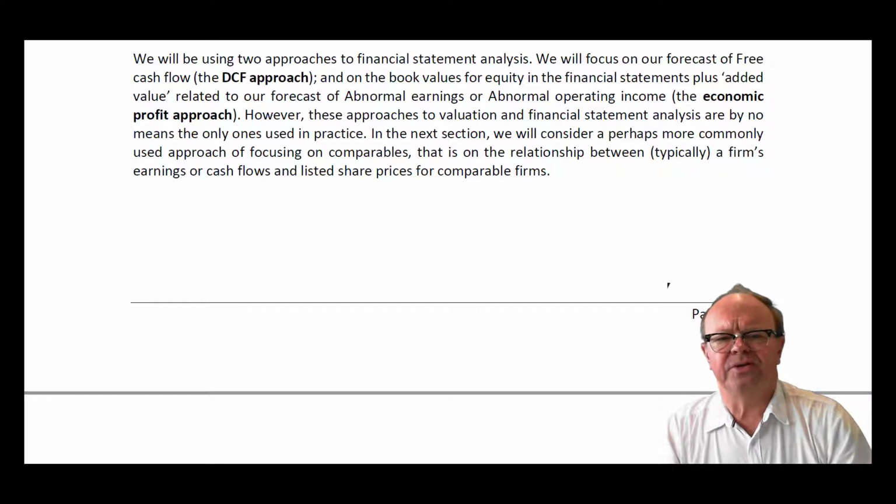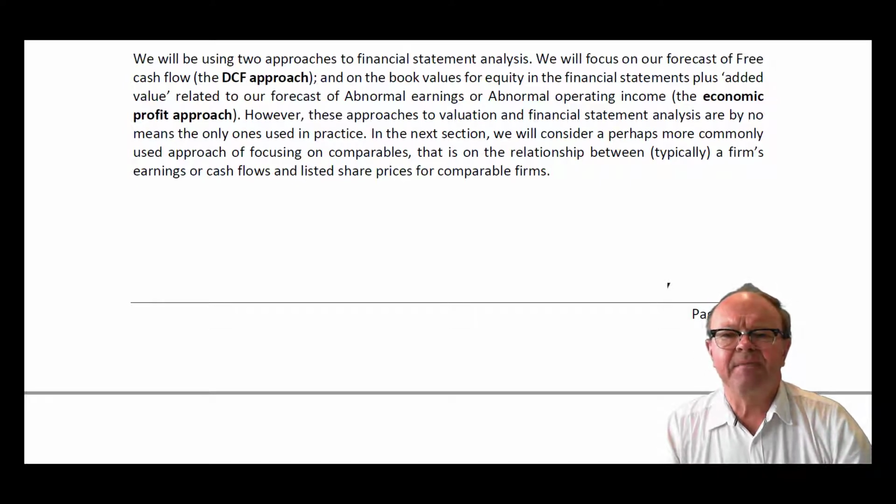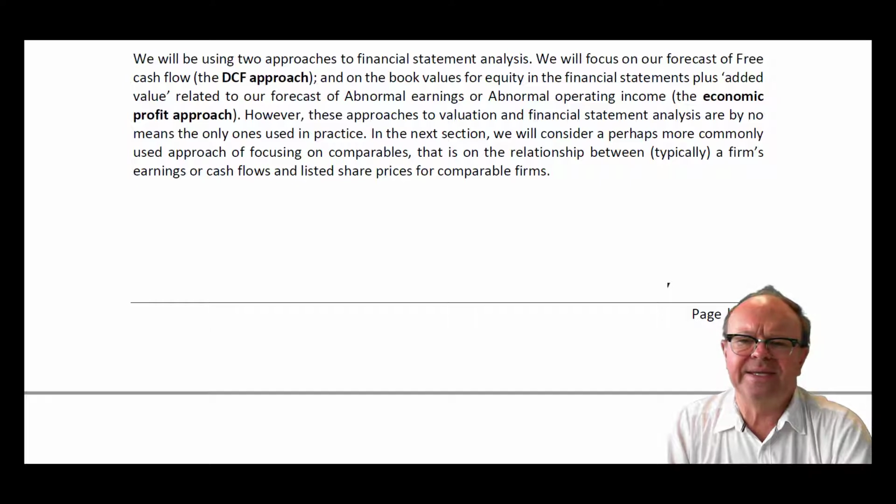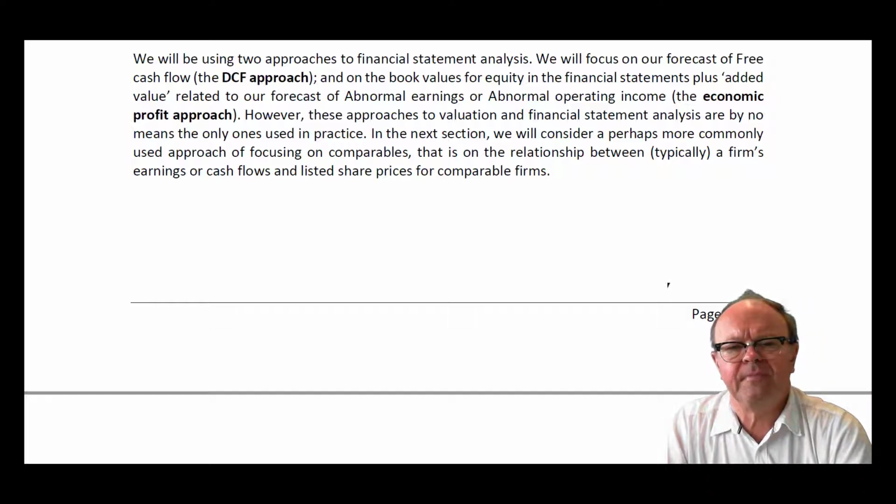We will be using two approaches to financial statement analysis. We'll focus on our forecast of free cash flow, the DCF approach, and on the book values for equity in the financial statements, plus added value related to our forecast of abnormal earnings or abnormal operating income, the economic profit approach.